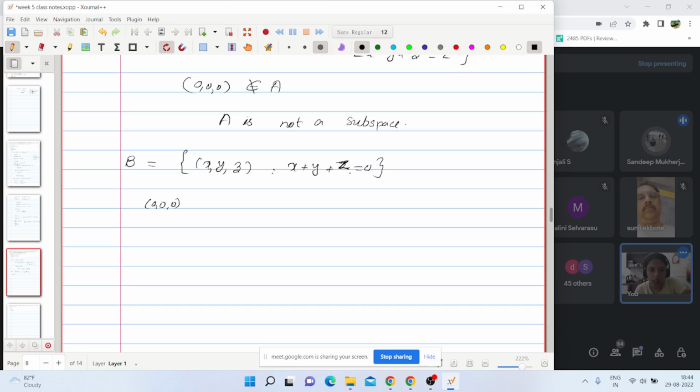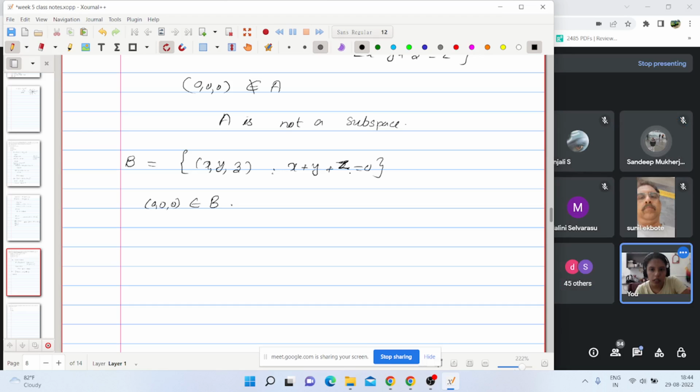Yes, because the summation of 0 0 0 is 0. So this belongs to B. Now we have that B is a non-empty set. Okay, B is a non-empty set. So we need to check that if we take two elements from B, whether the sum is also in B, and also if we take the scalar multiplication, whether that is also in B.